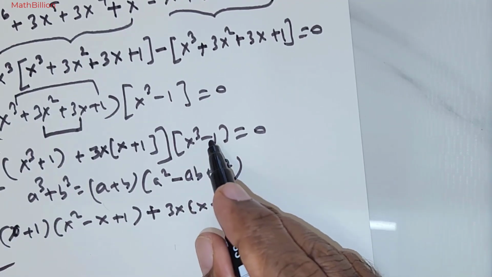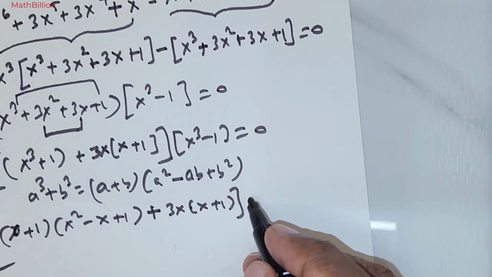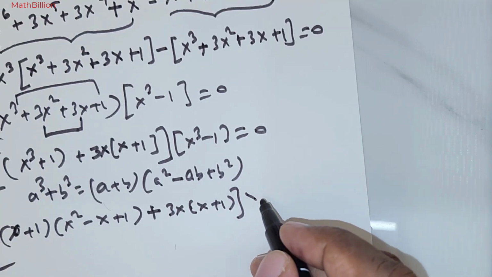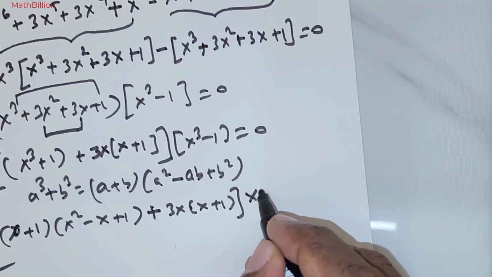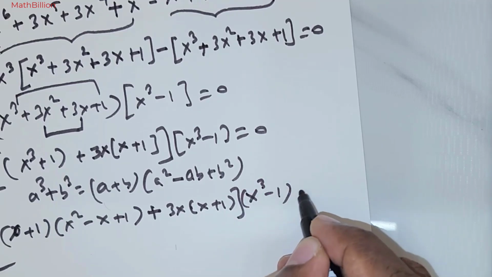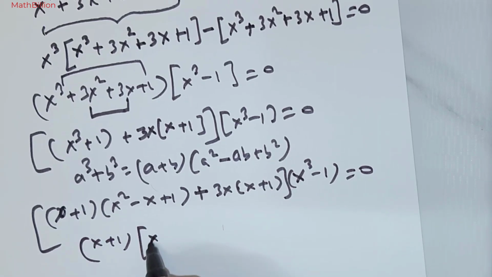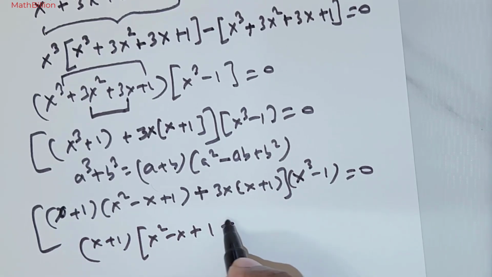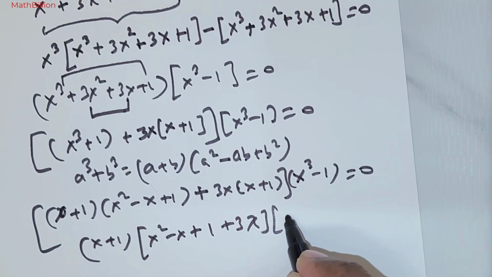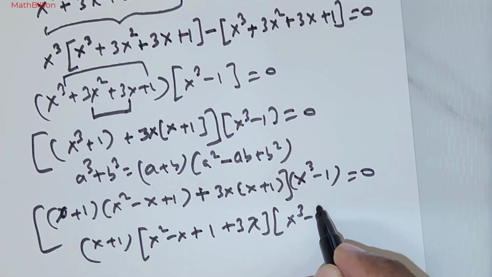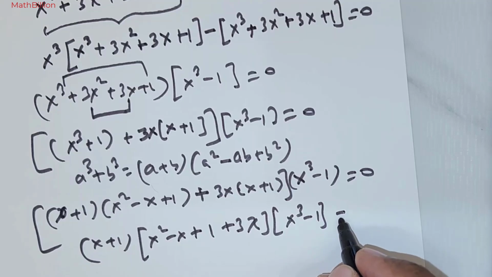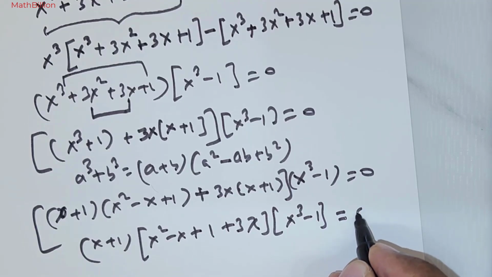Now this is a^3 - b^3. Now let me just retain it as it is: x^3 - 1 = 0. From here I take x + 1 out, I would get (x^2 - x + 1 + 3x)(x^3 - 1) = 0.